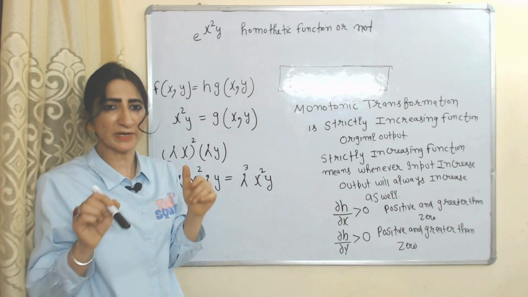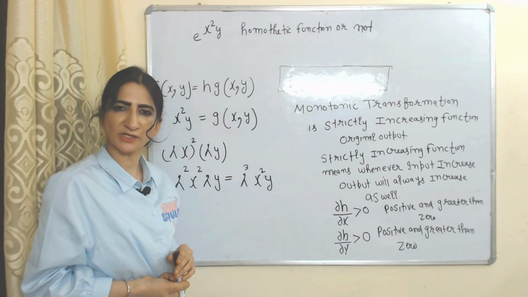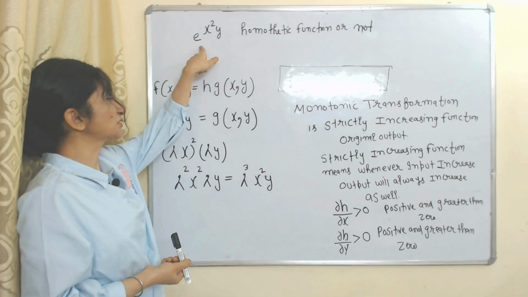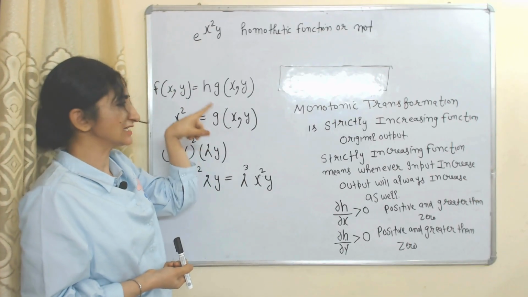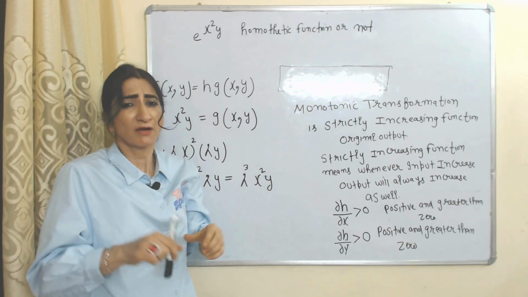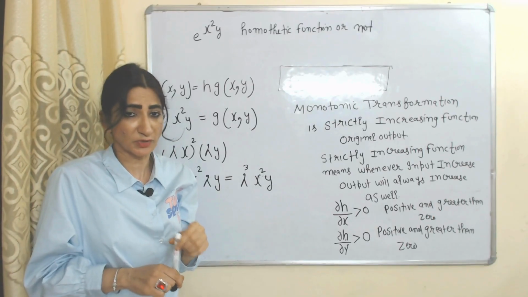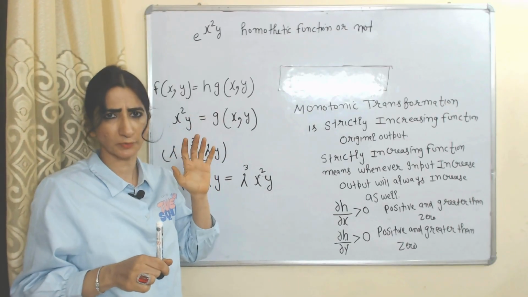Now we will prove is this H a monotonic transformation of homogeneous function or not. In this equation, in place of H we have e. What do you mean by monotonic transformation? Monotonic transformation means increasing function of original output.